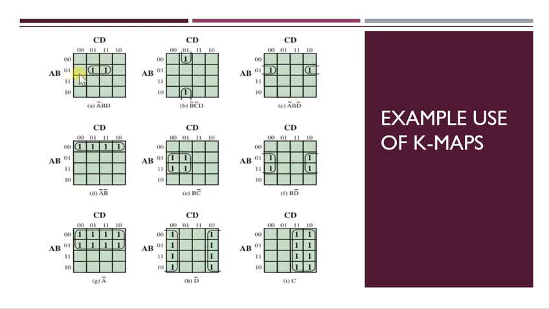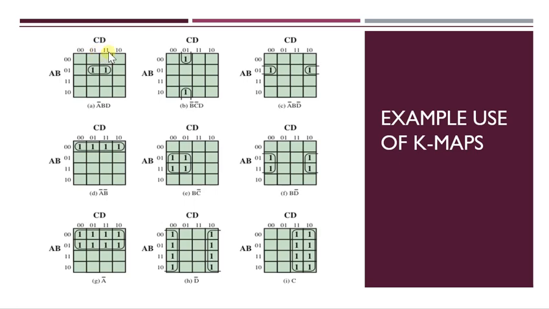Now we can see the row, the variables AB. Since there are no changes at all, because it only relies on the row 0, 1, we take them as they are. We take these two variables, A bar and B, 0 and 1. So this means A bar and B. But for the vertical part, the column part, variable C changes from 0 to 1, while variable D has no changes at all, because it maintains 1.